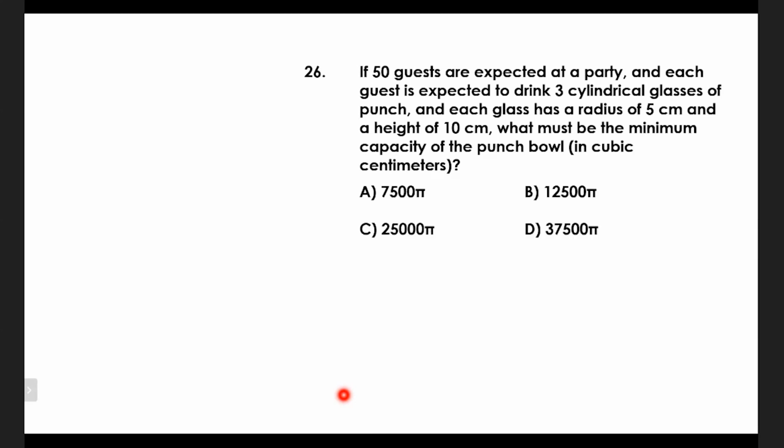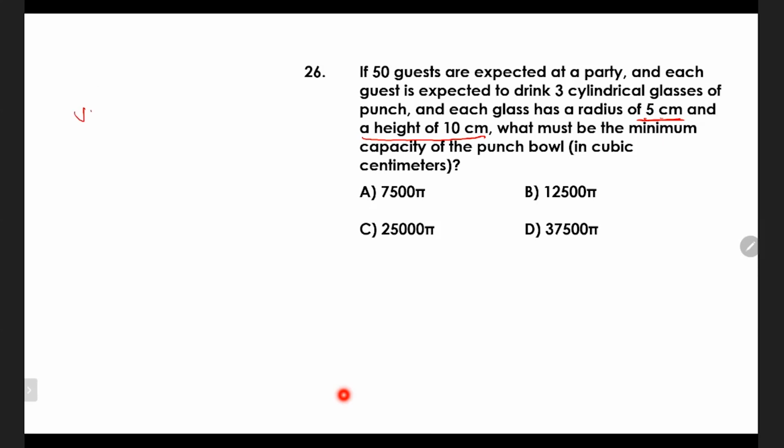If guests are expected at a party and each guest is expected to drink 3 cylindrical glasses of punch, and each glass has radius 5 centimeters and height 10 centimeters, what must be the minimum capacity of the punch bowl in cubic centimeters?